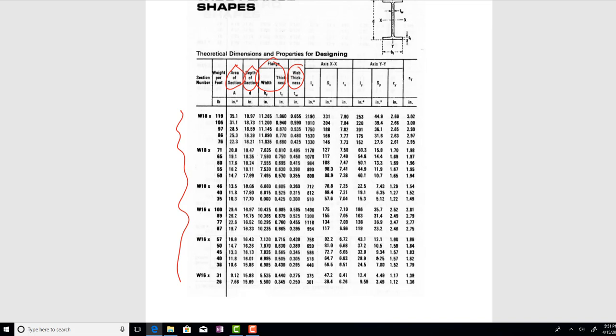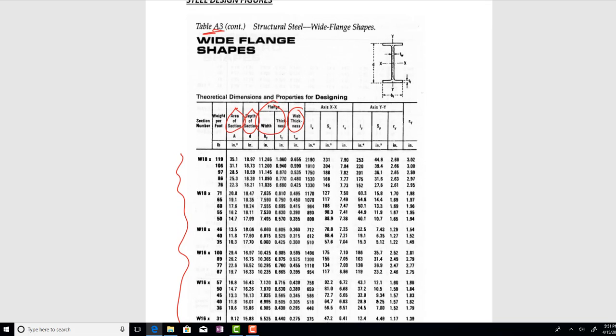So these are the geometric values. You've got the total depth, the width of the flange, the height of the web section, the thickness of the web section, and the thickness of the flange section. And all those values are shown within here.